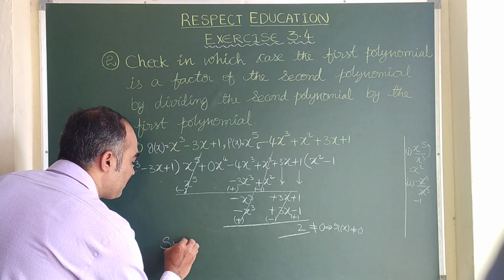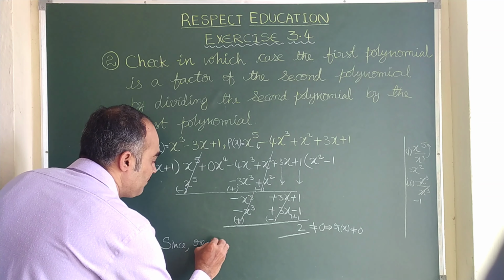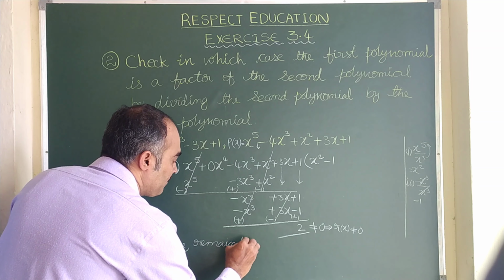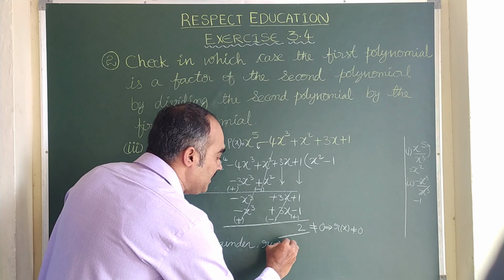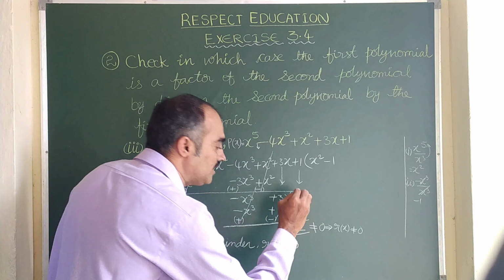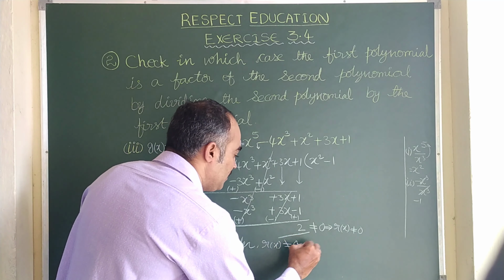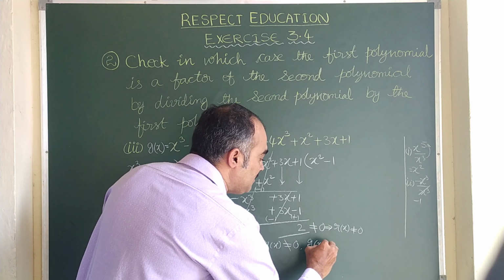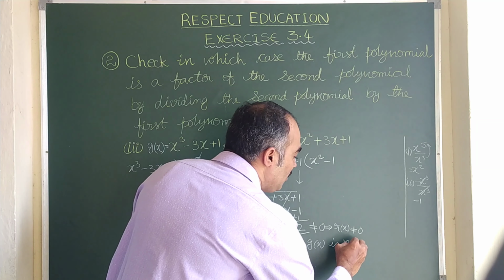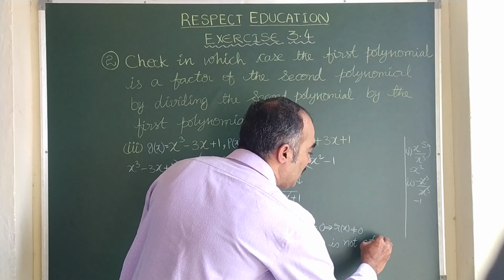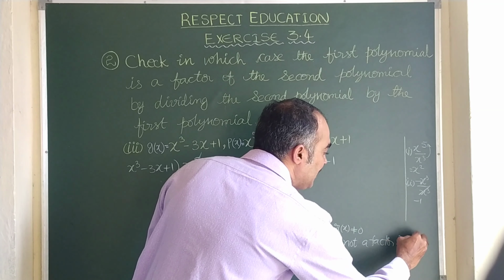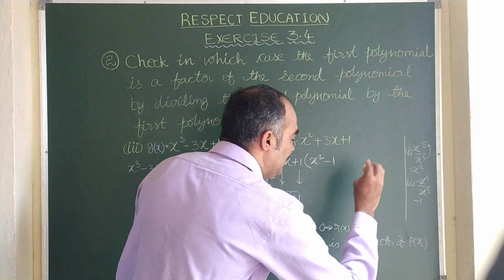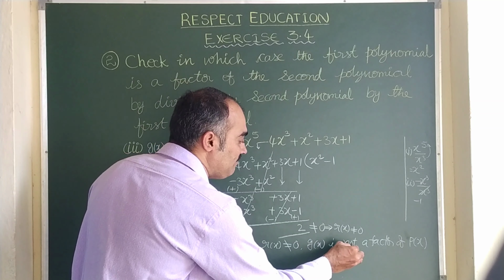Since the remainder, that is r of x, is not equal to 0, that is non-zero, g of x is not a factor of the given p of x.